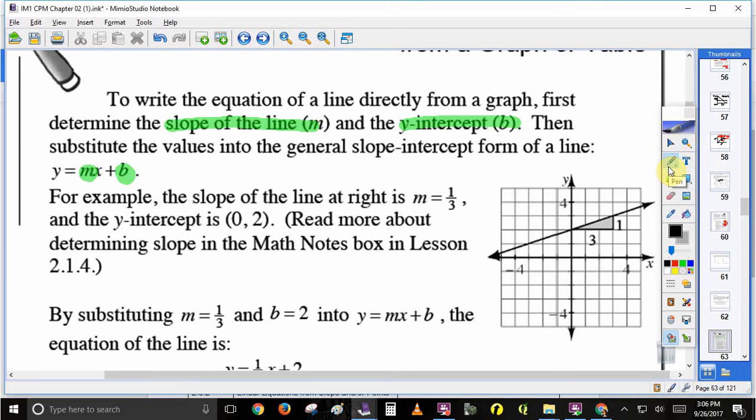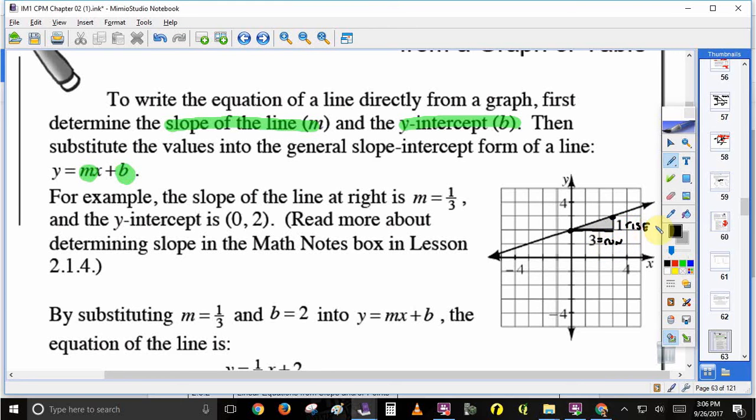So the slope of the line on the right is 1/3. I know that because I can pick two points that cross my graph evenly, right at the cross, and then I can just count. If I make a little slope triangle, I go over 3, that's my run. I go up 1, that's my rise.